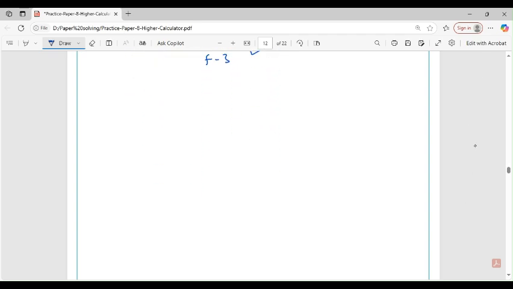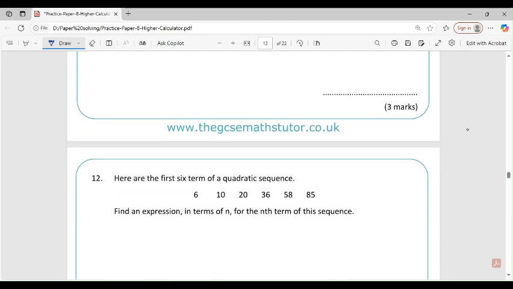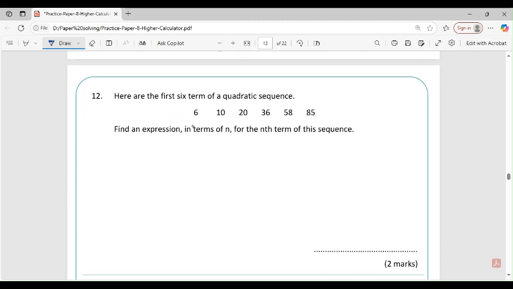Now comes the next question. Here are the first six terms of the quadratic sequence. So always remember, for a quadratic sequence, the formula is an squared, plus bn, plus c.